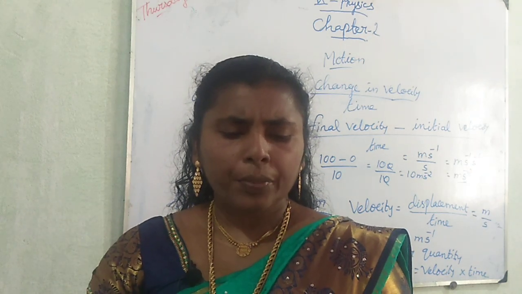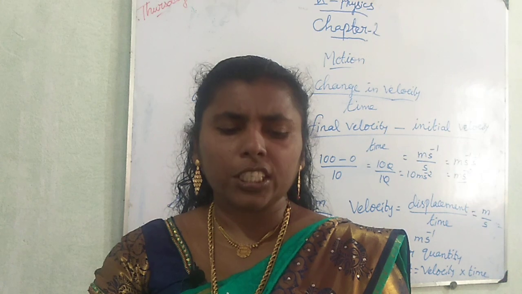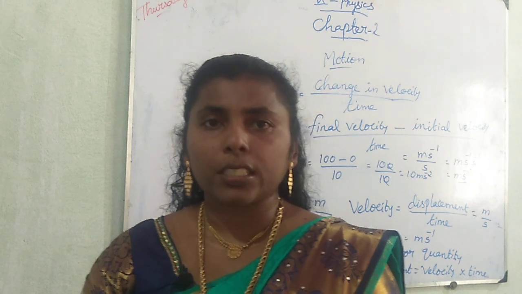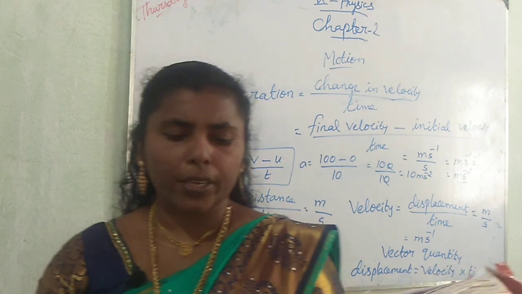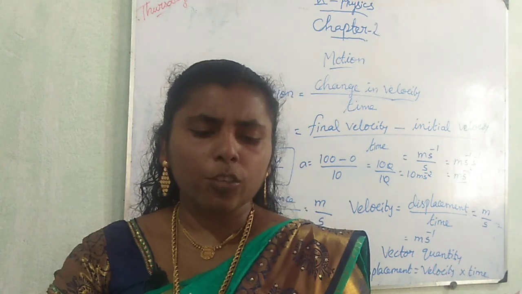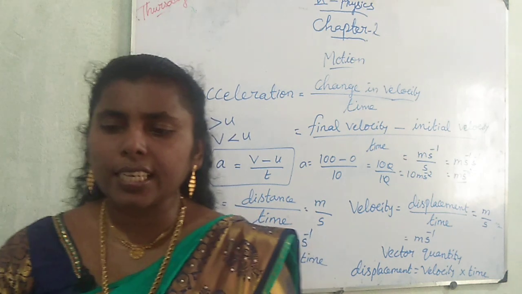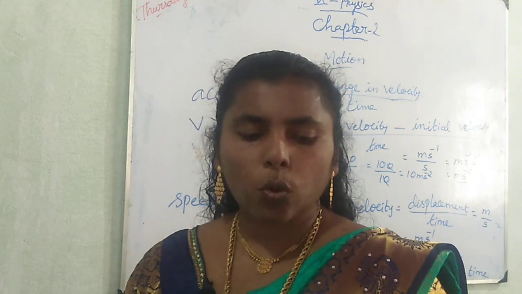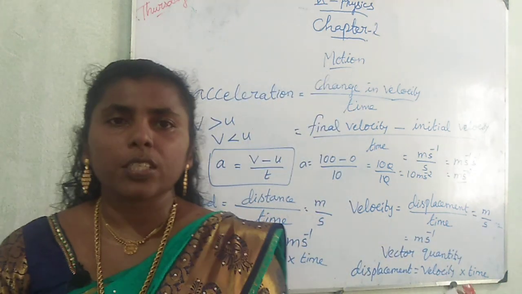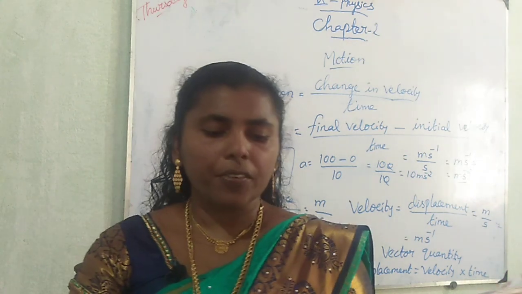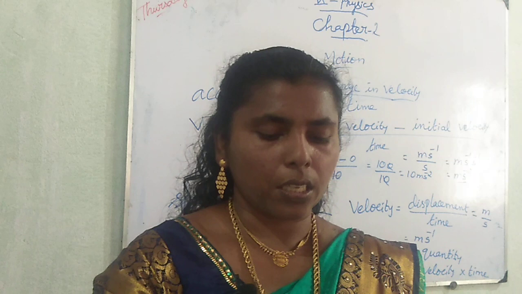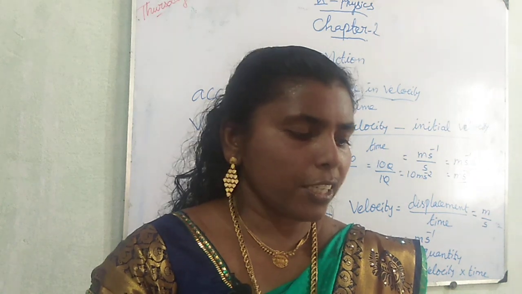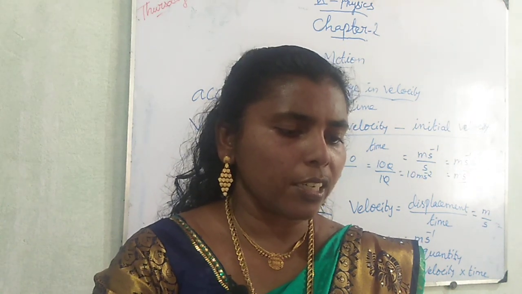Second point, distance is a scalar quantity, and displacement is a vector quantity. Third point, the unit of distance is meter and the unit of displacement is meter. So these are the differences between distance and displacement.